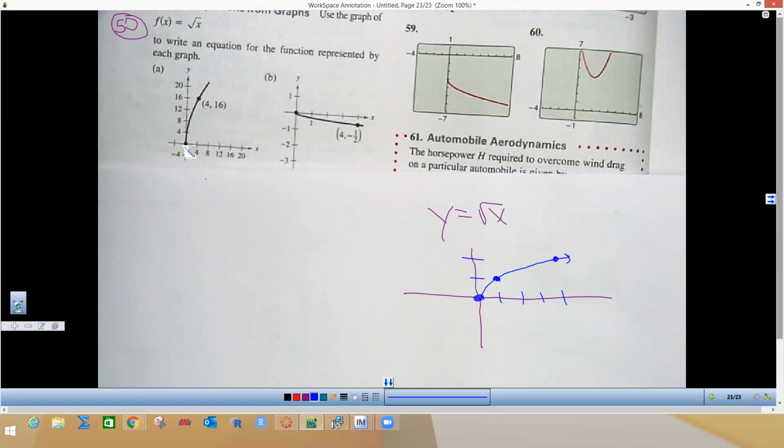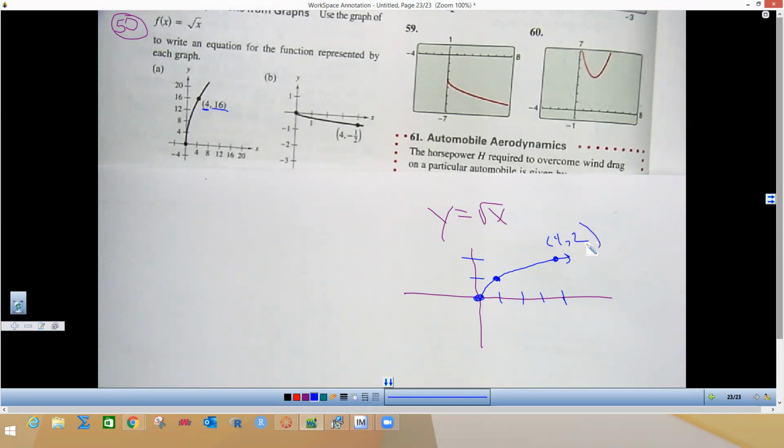All right, so this graph is going in the same direction as that, but do you see how it's stretched up higher? It's stretched up higher because when we plugged in 4, we got out 16. Over here, when we plugged in 4, we got out 2. The square root of 4 is 2, right?